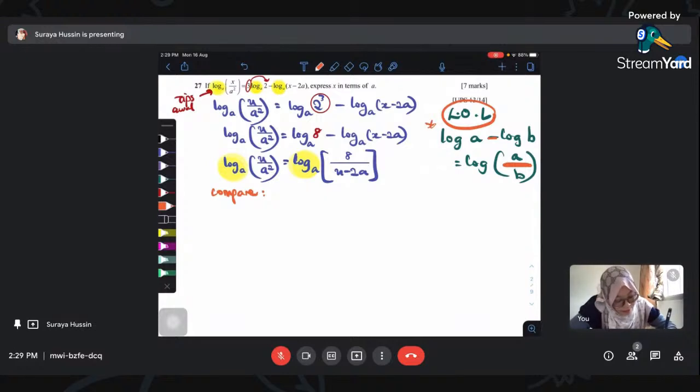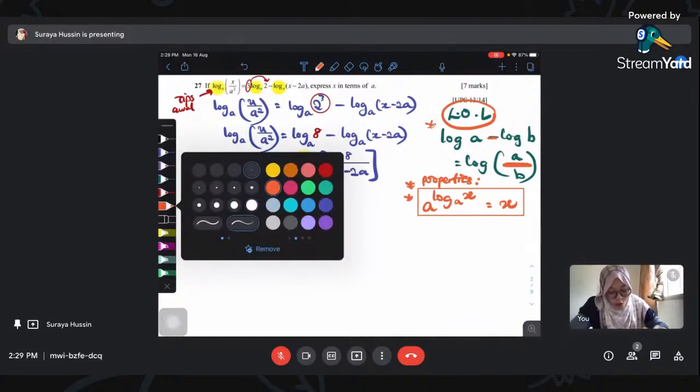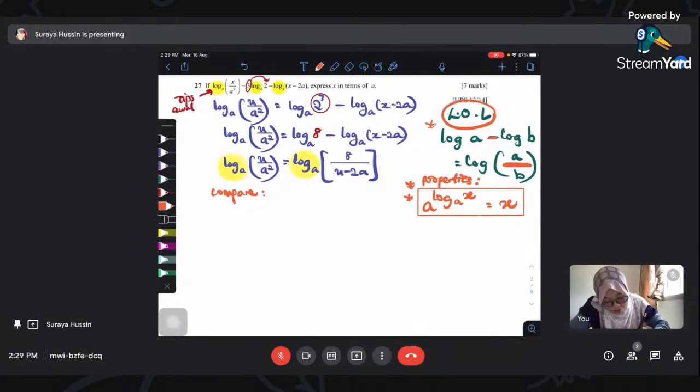Ataupun sebenarnya mengikut formula, mengikut properties, this is properties ya. Properties of log, if you have A to the power of log base A X, the answer is X. Okay, I think you know this already. You must also hafal yang ini ya. So sebenarnya macam mana kita boleh terus compare, it's just because of this.